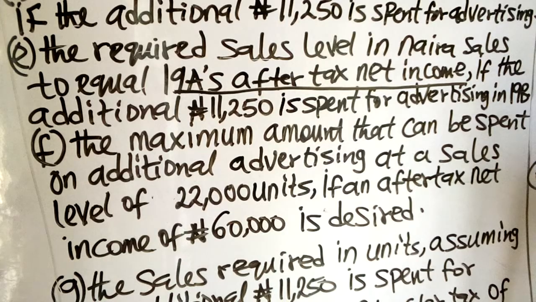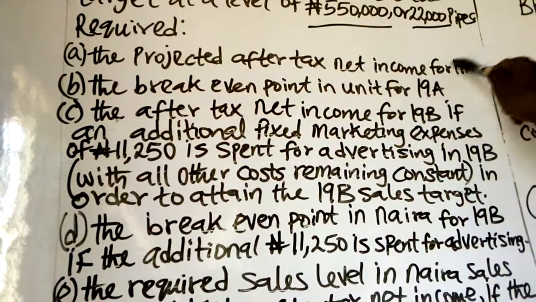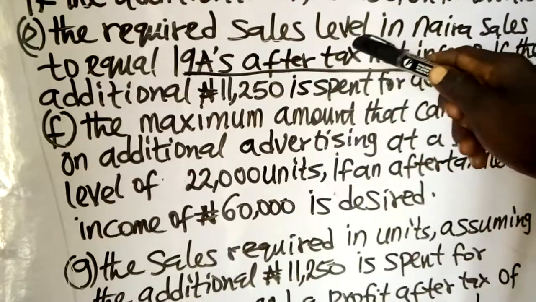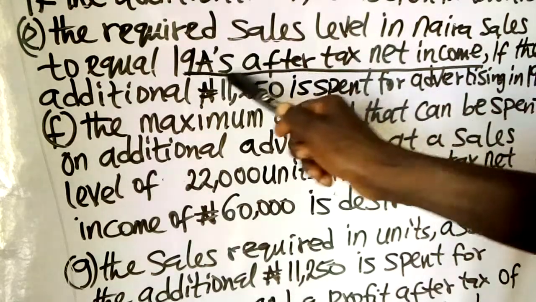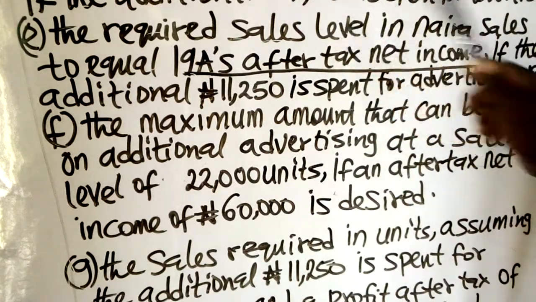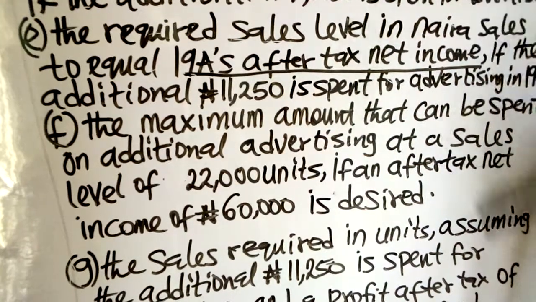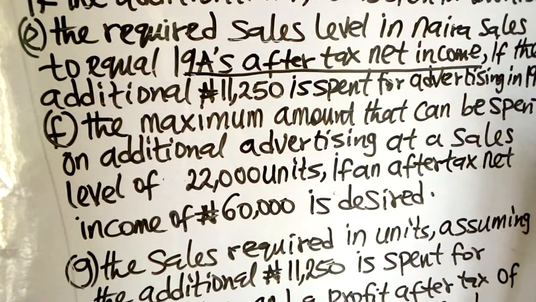I think that was in requirement A, where you had to calculate the projected after tax net income for 19A. So you have to calculate the sales value for 19B that will give us the after tax net income of 19A if you spend additional 11,250 for advertising in 19B.